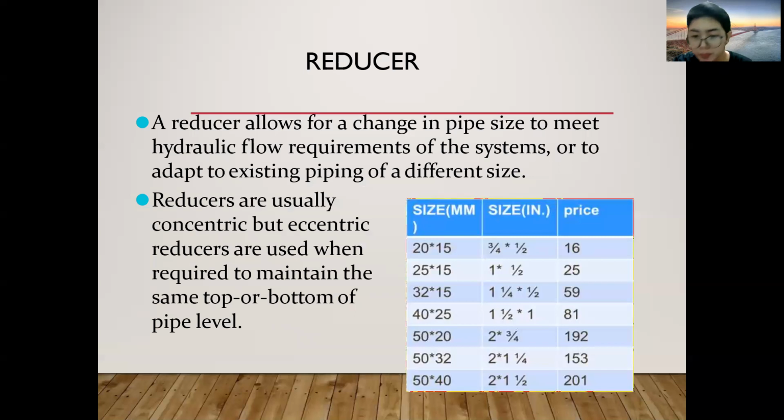In this reducer, you can see on the lower right the standard chart used for a reducer for the piping system. The smallest will be 20 times 15 millimeters. The size 4 inches will be 3 and 1 times 1/2. So these are the included sizes, and also the prices of the reducer, as you can see on the chart.